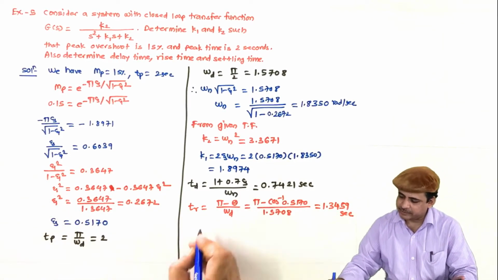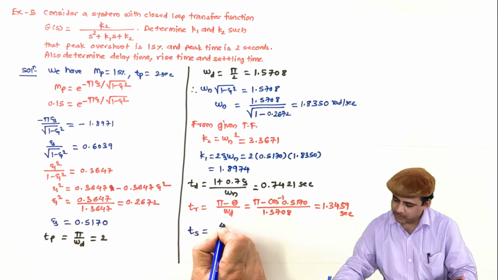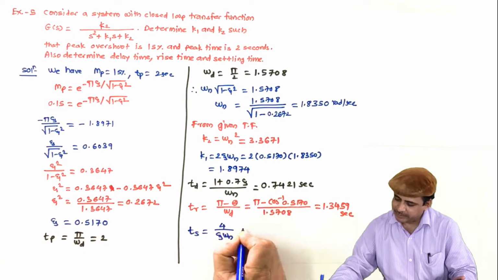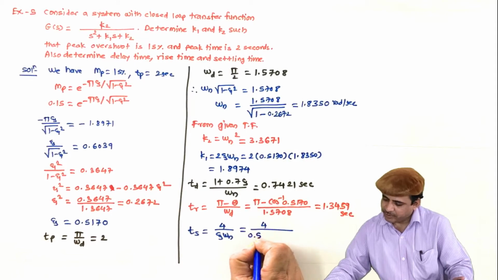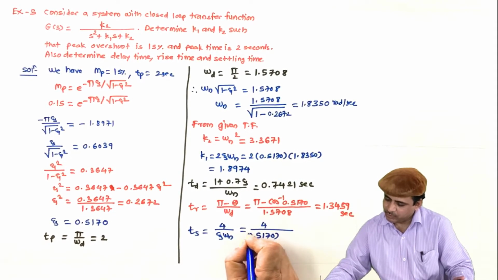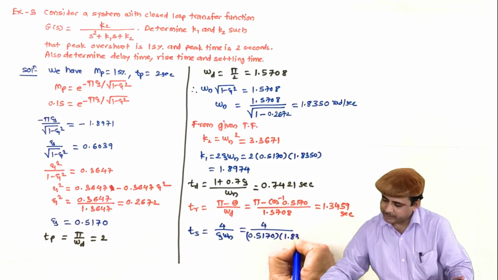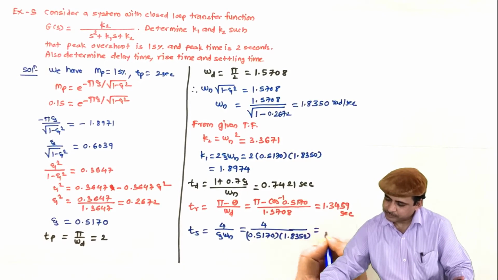And the last one is Ts, that is 4 upon zeta omega n. So it is 4 upon 0.5170 into 1.8350.